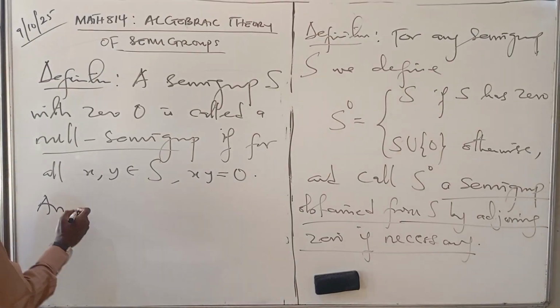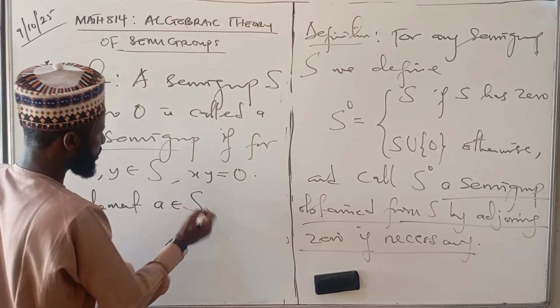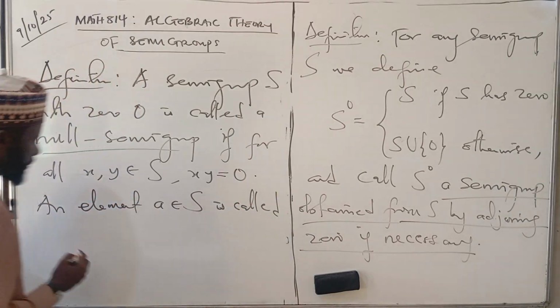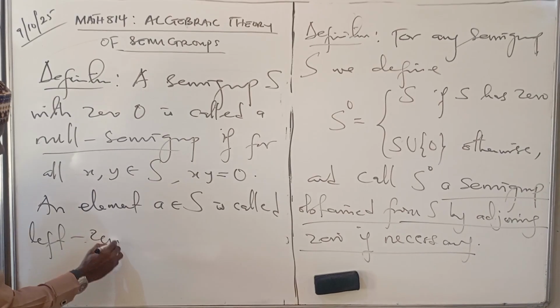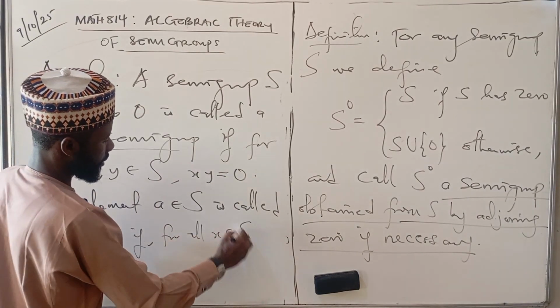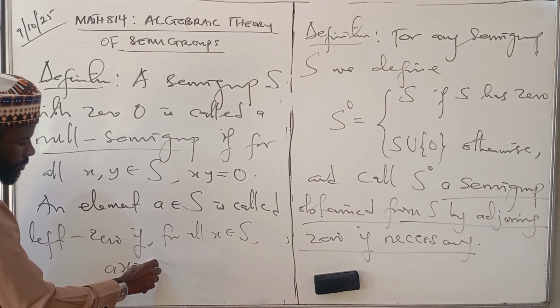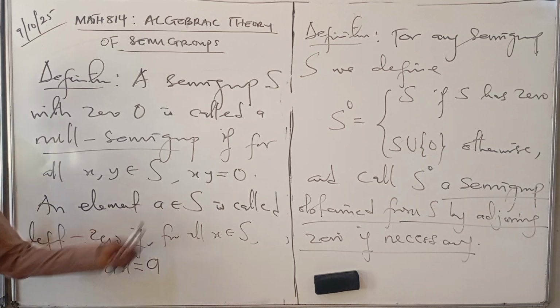Okay, so an element A in a semigroup S is called left 0 if for all x in the semigroup, Ax is equal to A. Then you say the element A is a left 0 element.